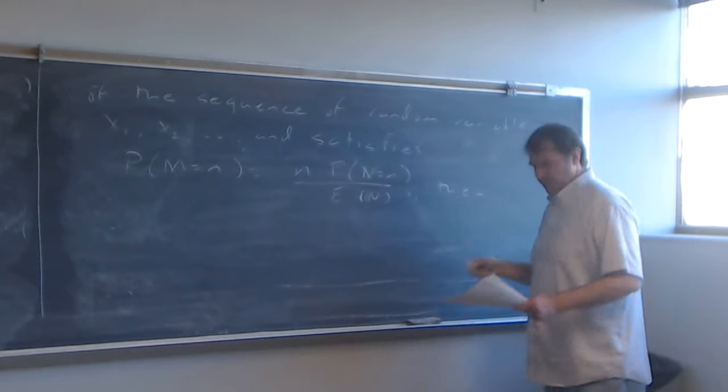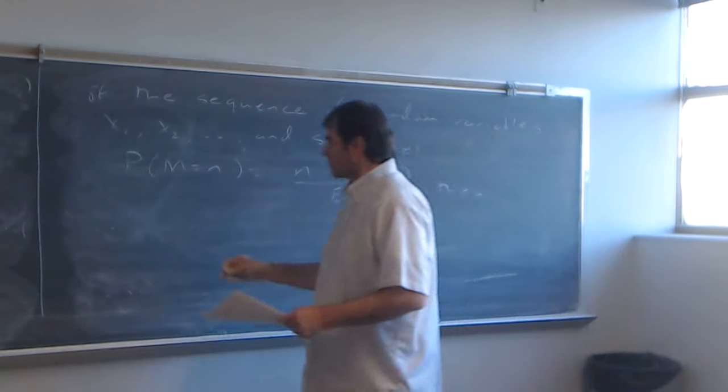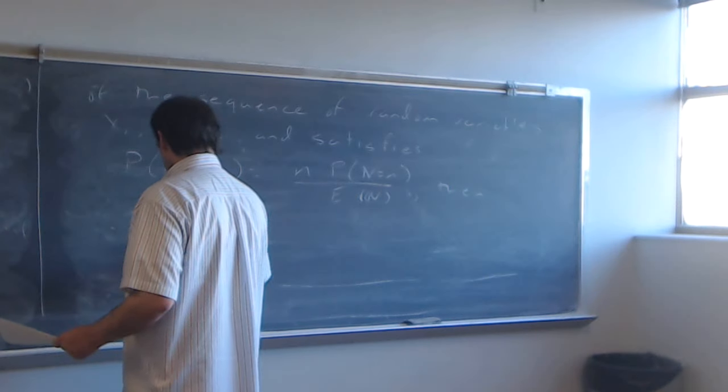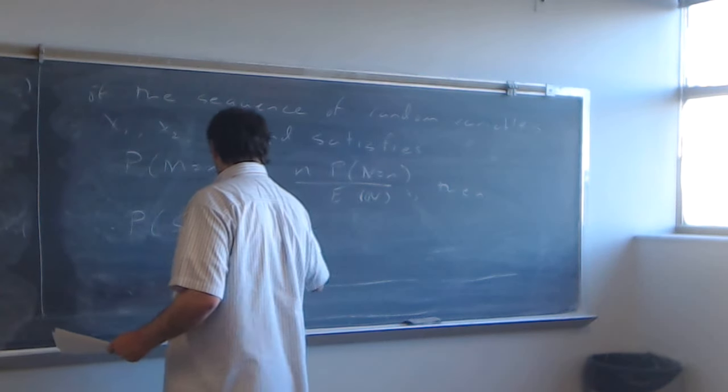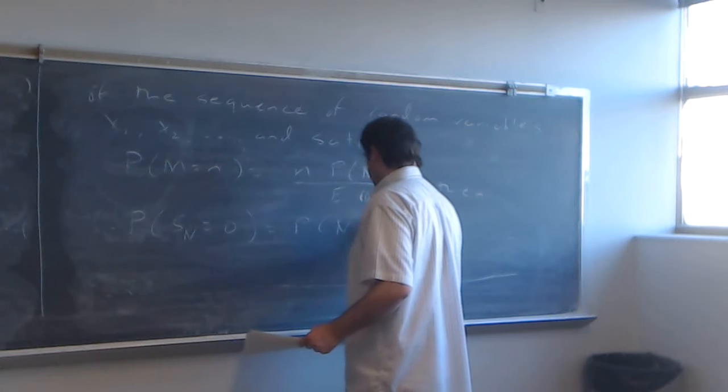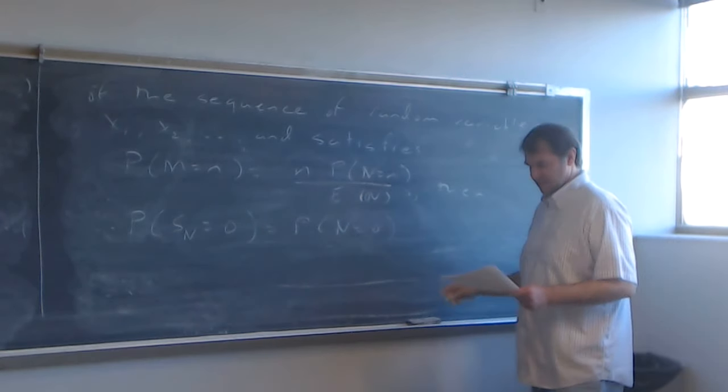Then here's our conclusion. The probability that S of N is equal to 0 is the same thing as the probability that N equals 0. So we'll prove that last.